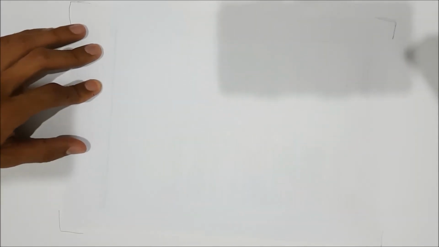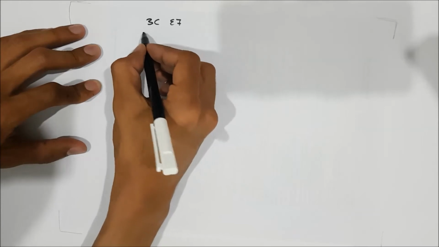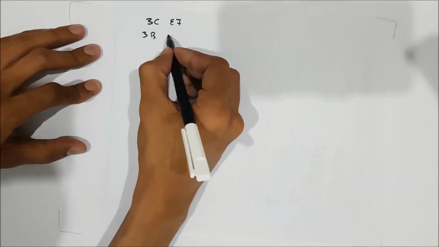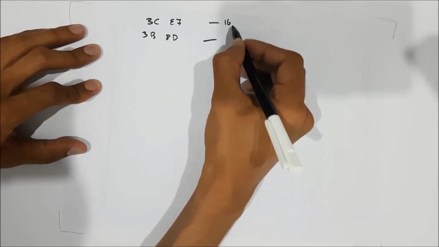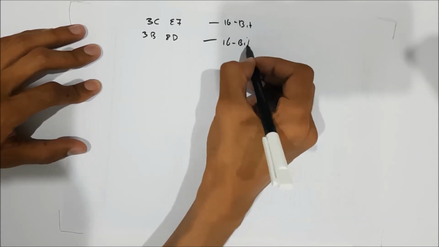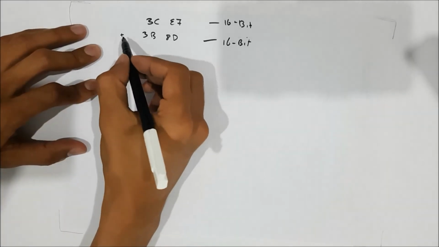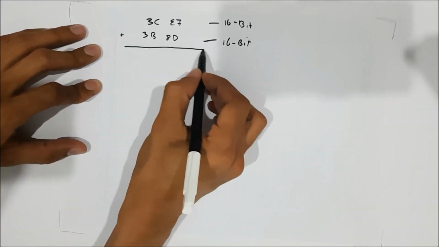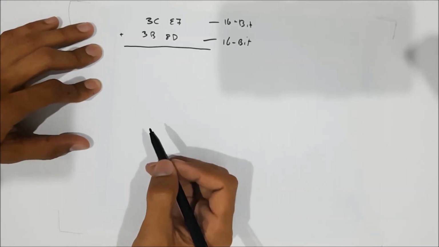For example, we have two numbers, 3CE7 and 3B8D. These are two 16-bit numbers. Let's say these two 16-bit numbers have to be added in some application that we are implementing through our microcontroller.